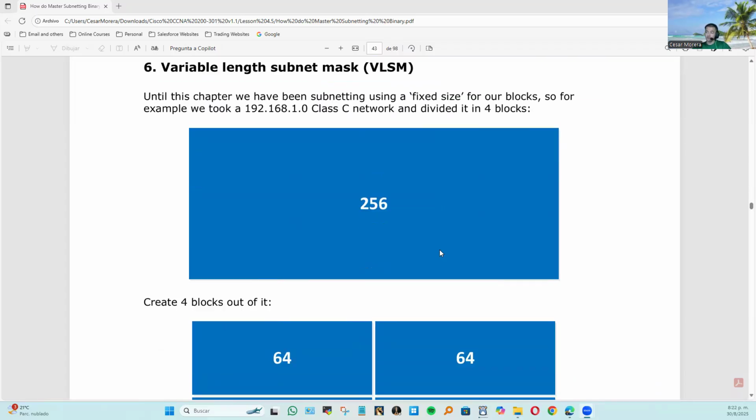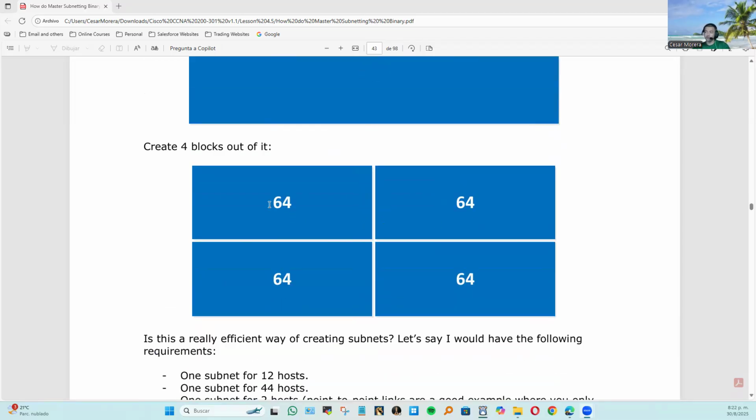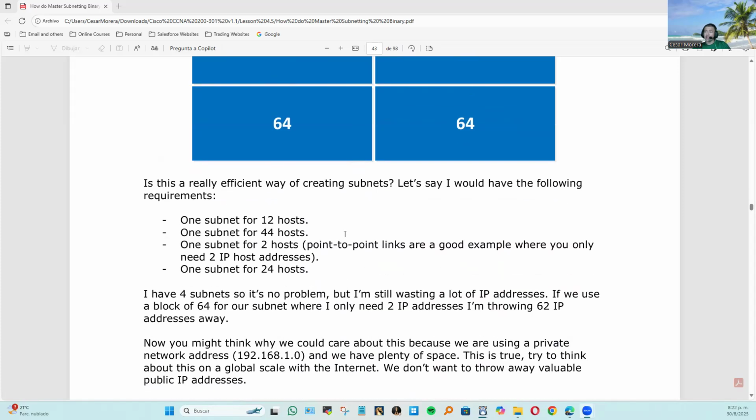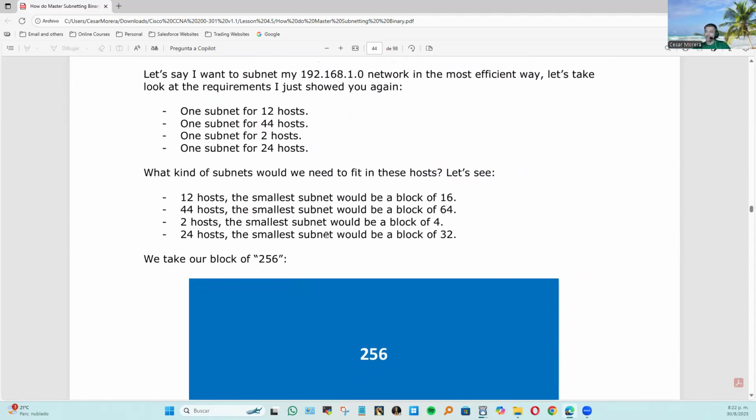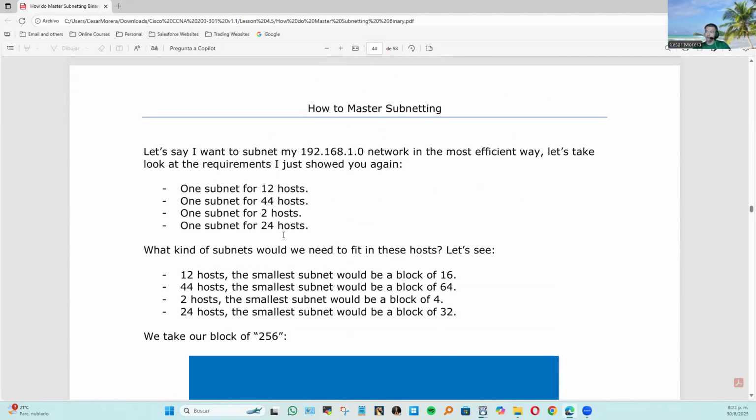We were talking about a block of 256 addresses, and we divided it into 4 blocks, 64 hosts for each network. And we have the requirements of 12 hosts, 44, 2, and then 24. Those are the requirements.